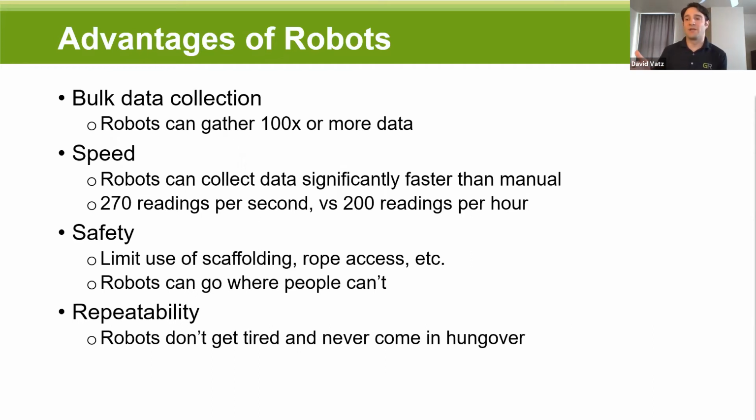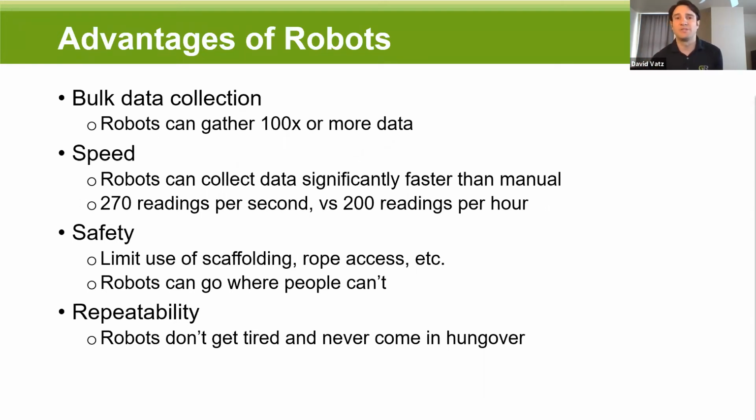A good way of thinking about this is a human inspector can collect, say, 200 to 250 readings per hour when we're talking about ultrasonic thickness testing. Our robot can collect about 270 readings per second. So you're talking orders of magnitude greater information gathering capability with a robot versus a human inspector.